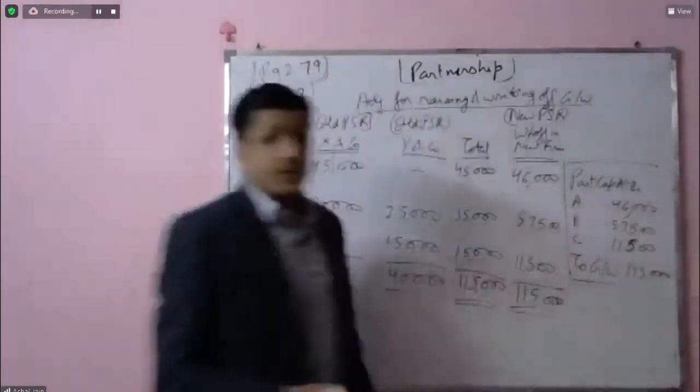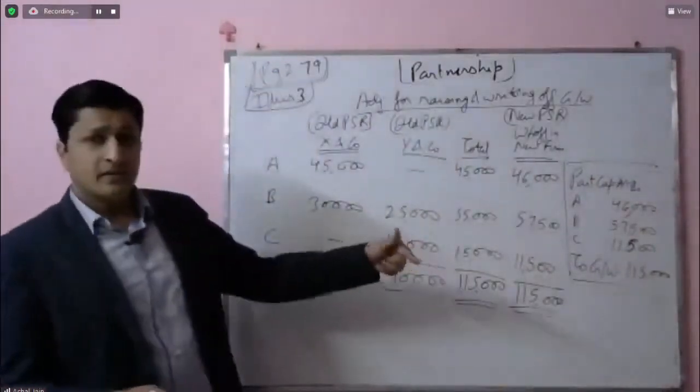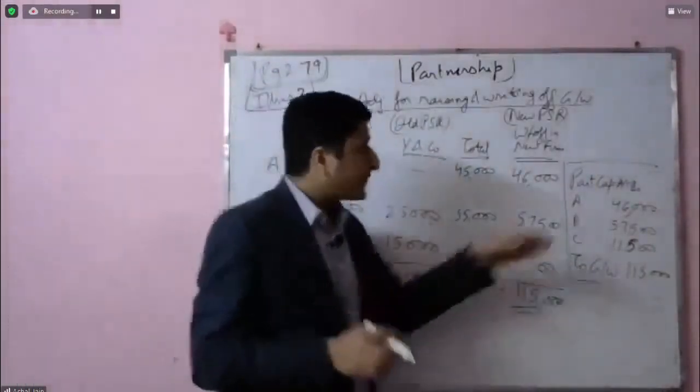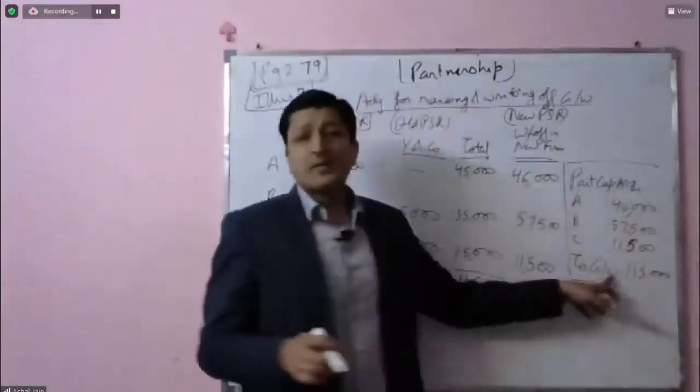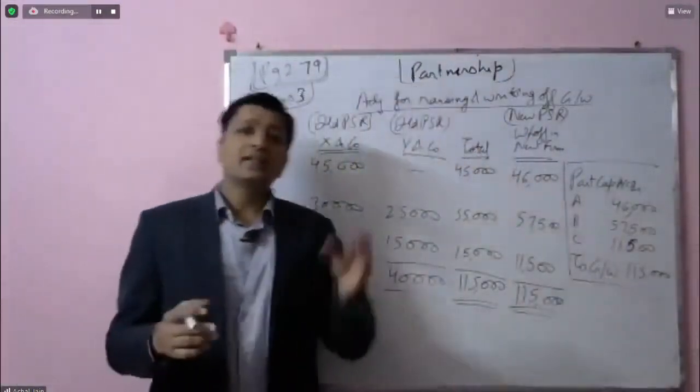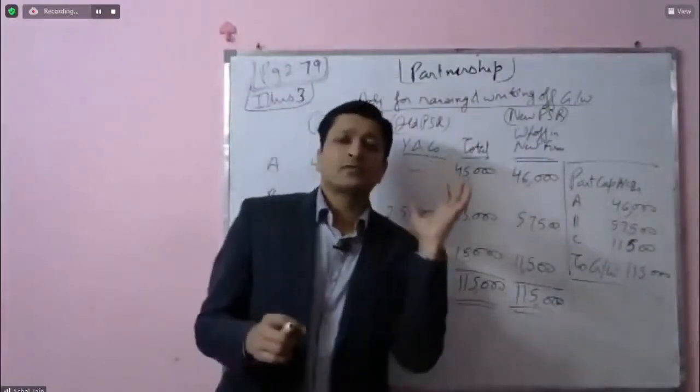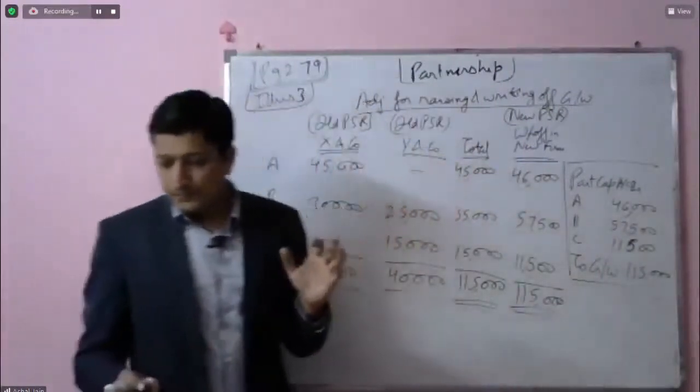So that means this will be another entry. Correct? Yeah. With this, what will happen? Goodwill will become zero, and net there will be some settlement in the accounts of the partners. Clear?